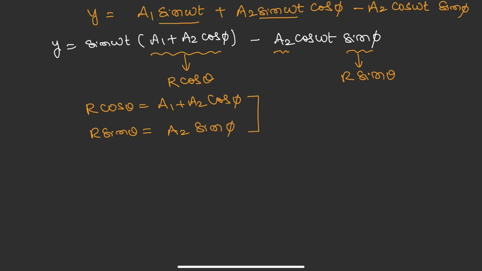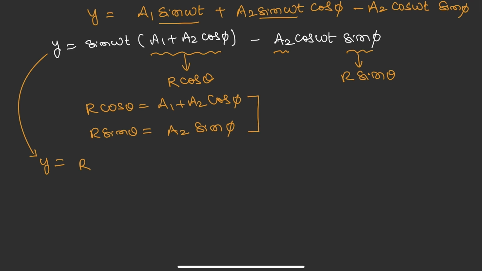Now, substituting this, we get y is equal to a1 plus a2 cos phi, that is R cos theta, times sin omega t, minus a2 sin omega t sin phi.